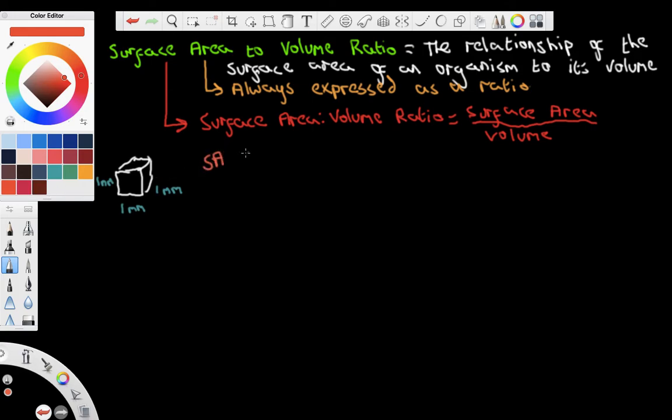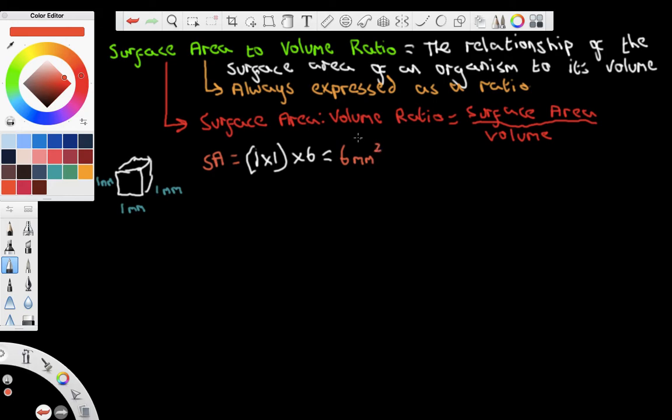Our surface area is equal to 1 times 1 in brackets, times by 6. So 1 times 1 is 1, times 6 is 6. So our surface area for this cube is 6 millimetres squared.